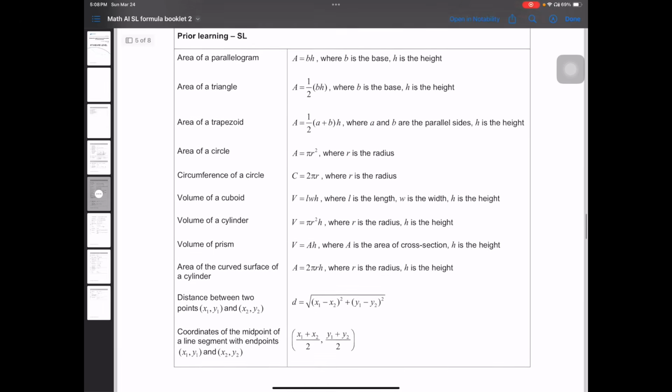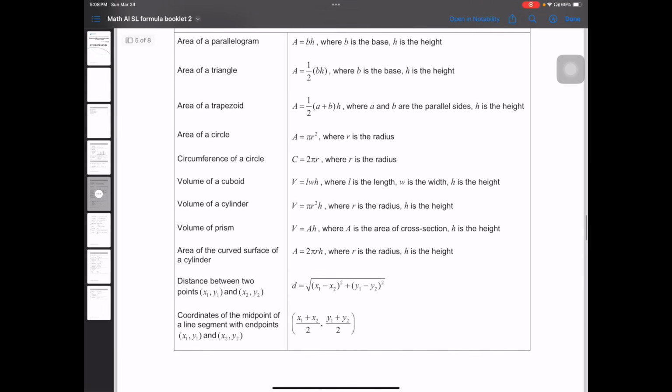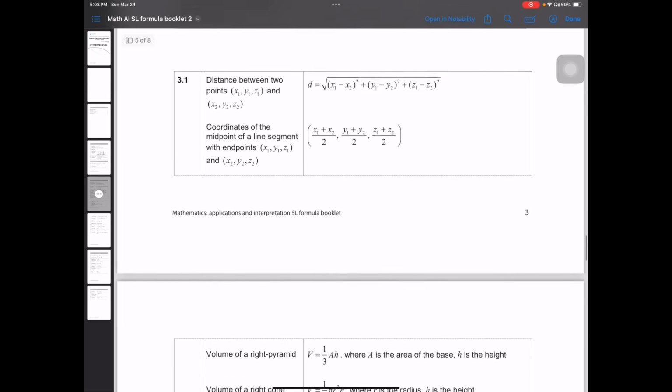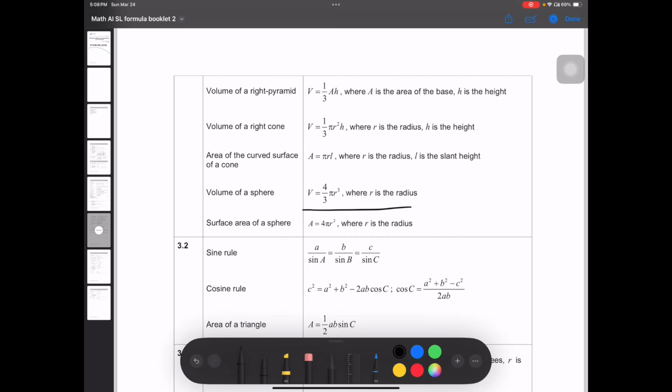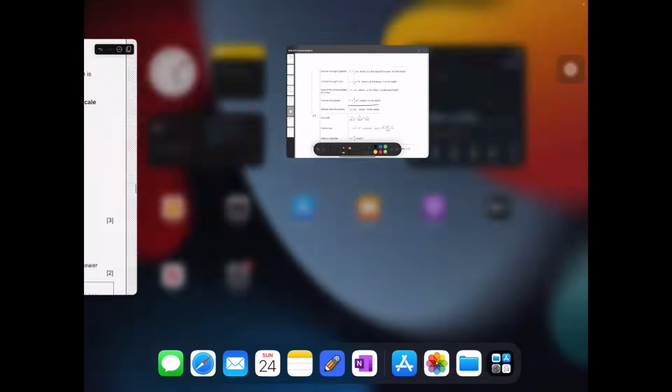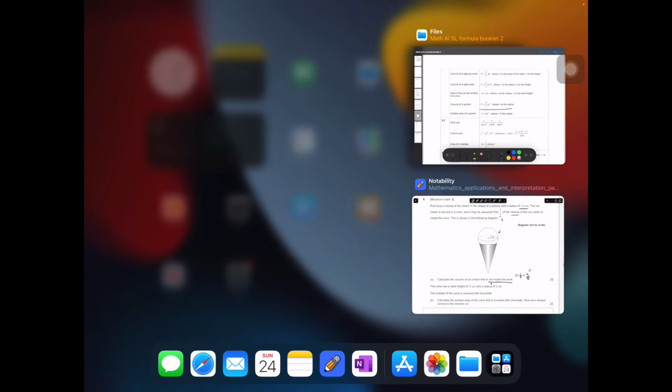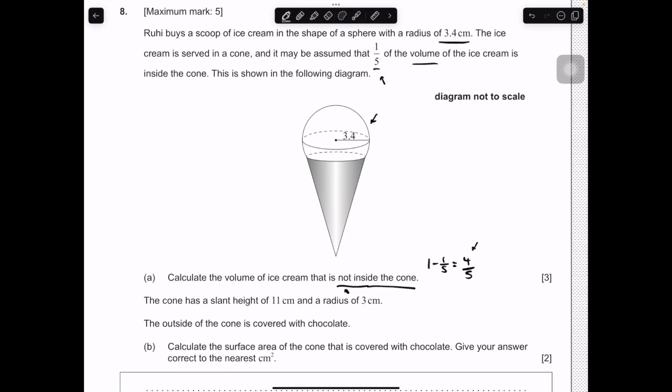Here we are. Volume of a sphere: volume is equal to 4/3 pi r cubed, where r is the radius.